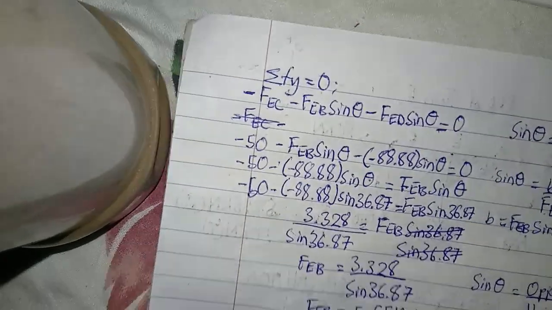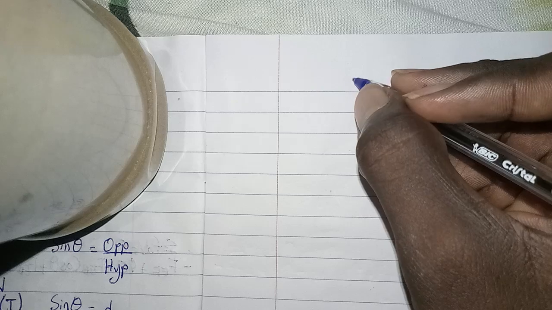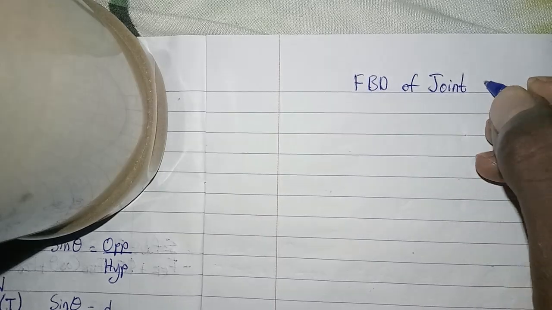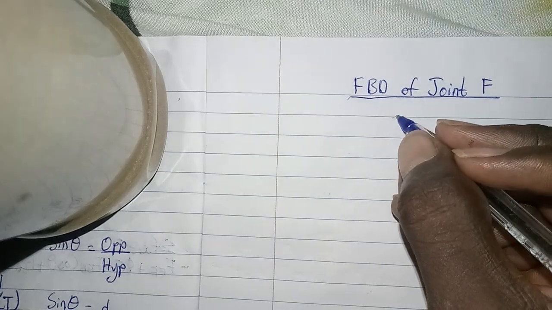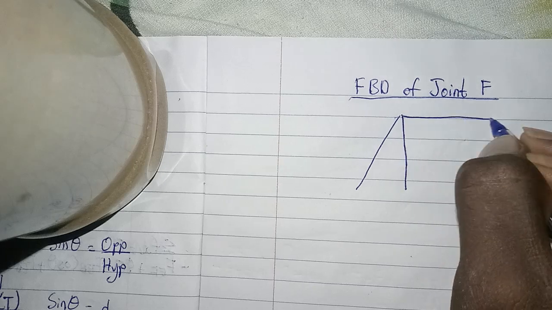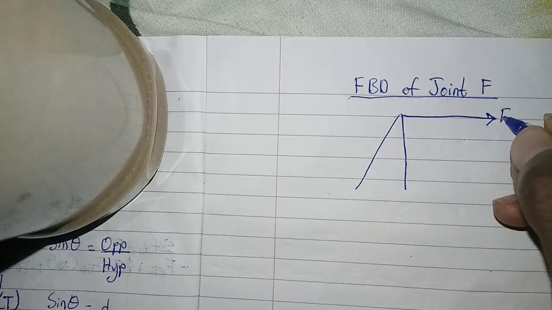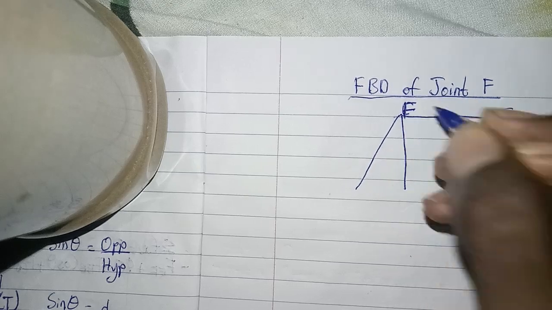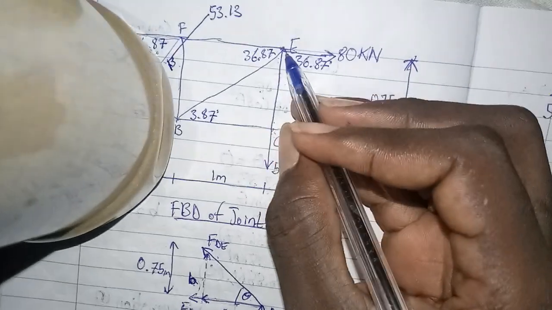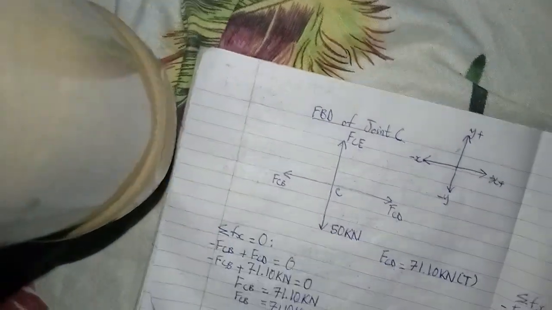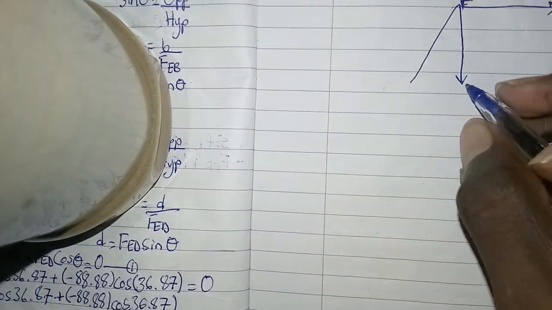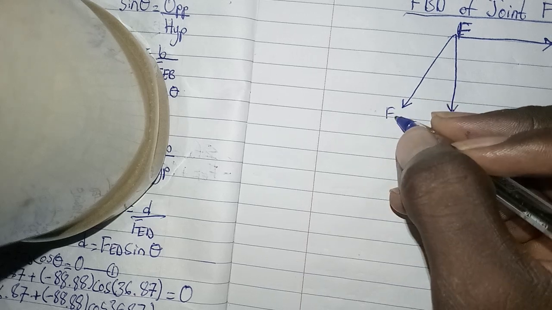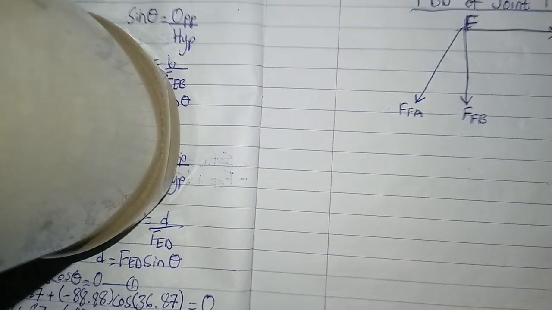So let's draw the free body diagram of joint F. Here will be force FE, here will be force FB, and here will be force FA.